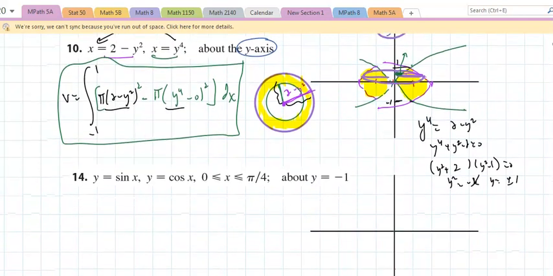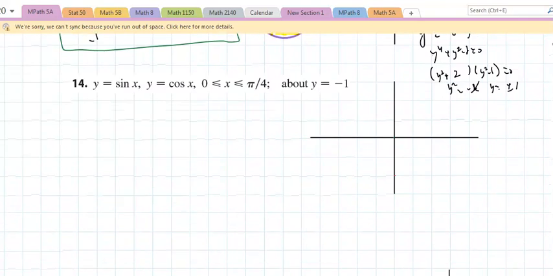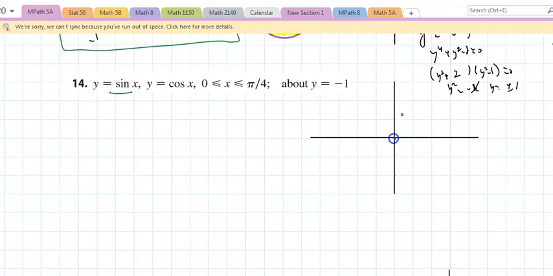Next problem, number 14. I'd like to look at y equal the sine of x. Well, sine of x, it starts at the origin. Let me shift this a bit to the left. And it runs up, let's say, to 1 and down to 0.